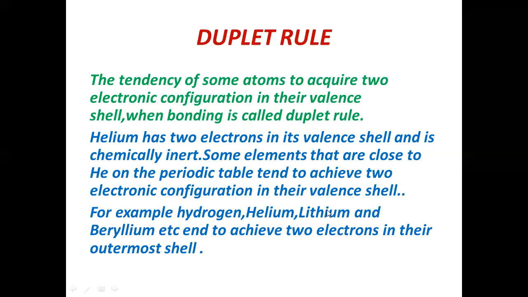Lithium has two electrons in the first shell and one electron in the last one. It will lose that one electron, and then the inner shell will be the outermost shell. Same is the case for beryllium. Beryllium has two electrons in the first shell and two electrons in the outermost shell. So it will lose two electrons and will have a configuration the same as helium.